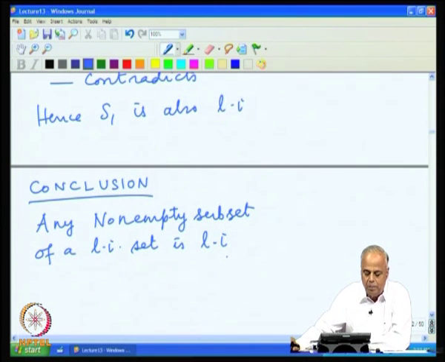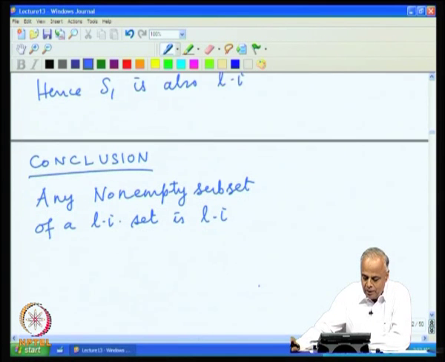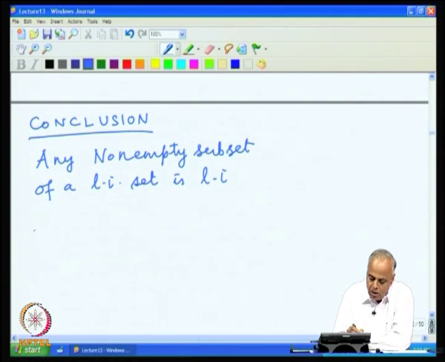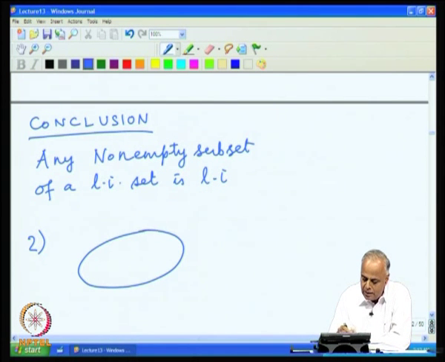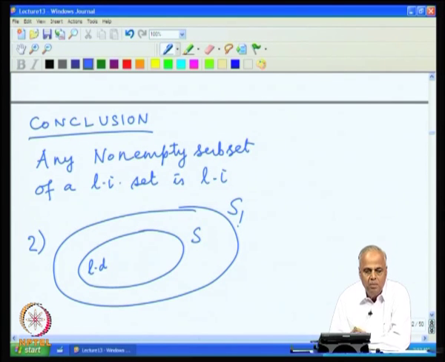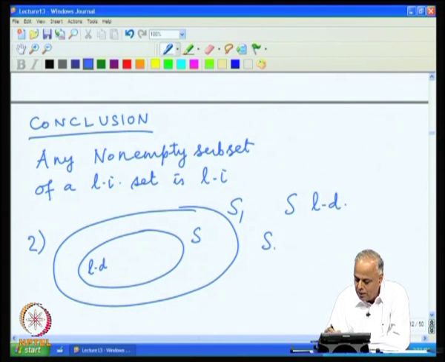So, it is like a hereditary property, because it is sitting inside a linearly independent set, it automatically possesses that gene of being linearly independent. An analogous property is that if we start with a set S which is linearly dependent, anything above that must be linearly dependent. So, S linearly dependent, S1 a superset of S, implies S1 is linearly dependent.